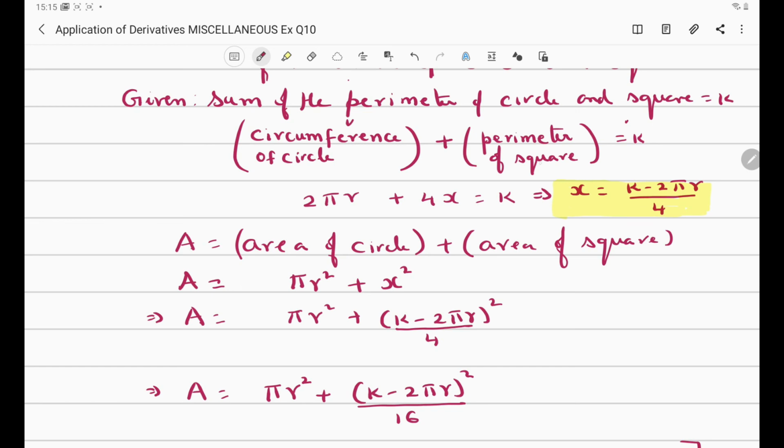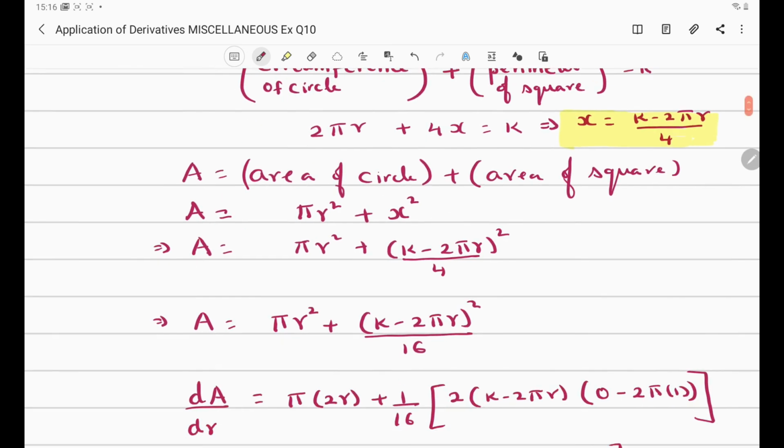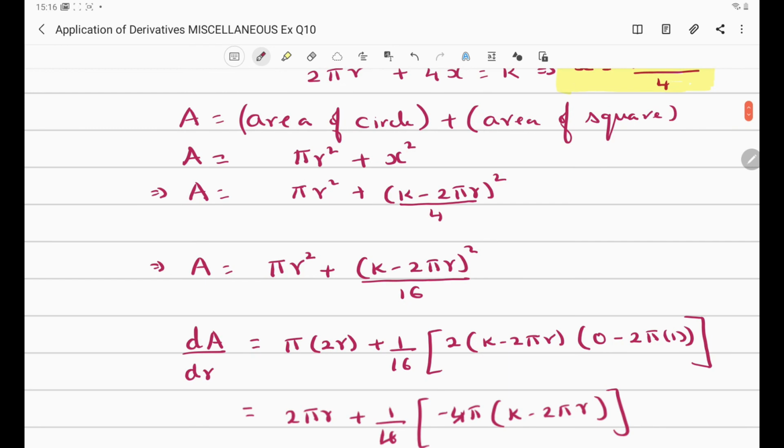So we wrote the perimeter of circle, that is circumference of circle, as 2 pi r, and that of the square is 4x, so 2 pi r plus 4x equal to k, or we got x is equal to k minus 2 pi r by 4, and then A equal to area of the circle plus area of the square. So we wrote pi r square plus x square, and we found that A is in terms of two variables. So the next step is to express it in terms of one variable.